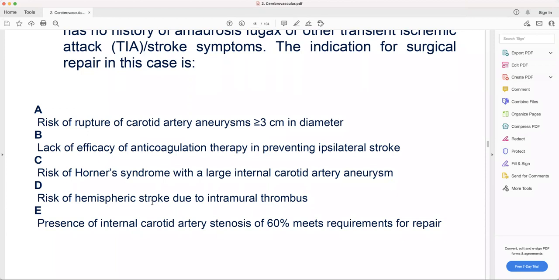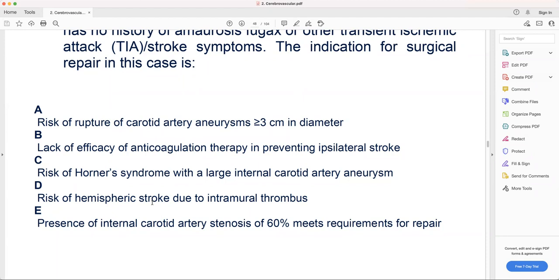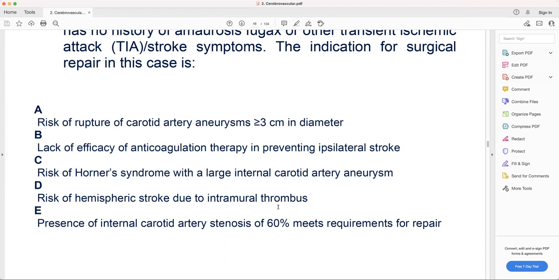So that is why we do surgery. This is the indication, because the risk of hemispheric stroke is high due to intramural thrombus or because of the size of the aneurysm. We do it only to prevent stroke, not because of the rupture, not because of the Horner syndrome, but we know that a patient with an aneurysm has a high risk of stroke.